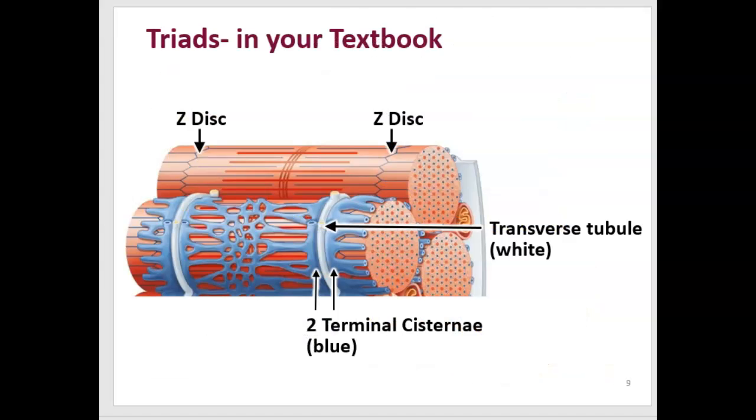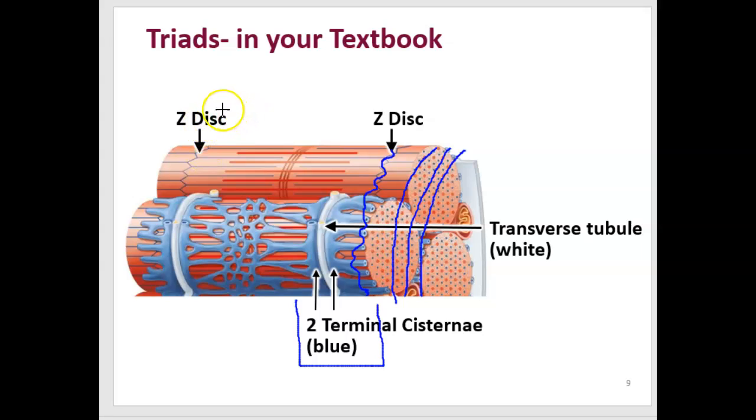So in your textbook, this is what a triad looks like. 2 terminal cisterna that are blue with the white transverse tubule in the middle. And then the Z-disc is kind of off to the side of that. And there would be another triad on this side of the Z-disc over here.